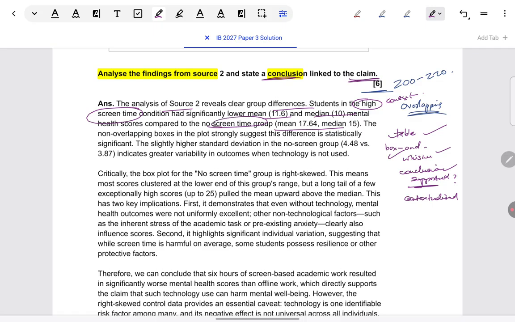Okay, so clearly we are seeing in the high screen time group, there was a lower mental health mean and median. And in the box plot, we see there is no overlap. I told you to keep a separate paragraph, and indeed it is. It's just that because this particular section is relevant to mean, so I've given it here. Non-overlapping boxes indicate significance. See what is there?